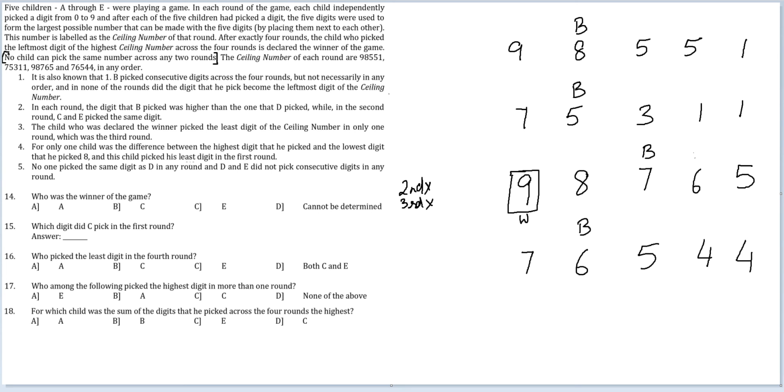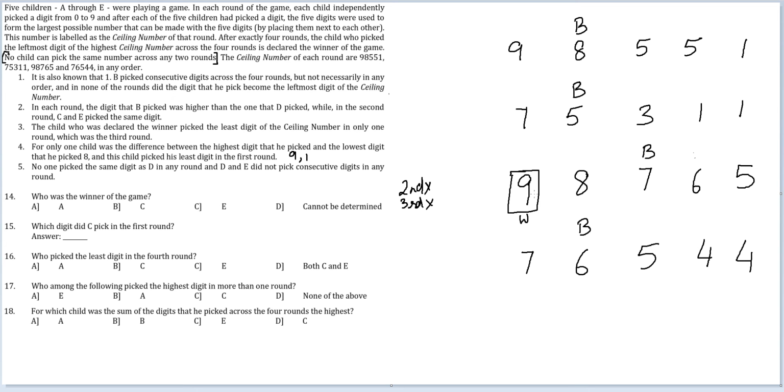For only one child was the difference between the highest digit picked and the lowest digit that he picked 8. Now see, for the difference between the values of digits to be 8, the digits have to be 9 and 1. And this child picked the least digit in the first round. Okay. Now see, the winner, whoever is the winner, is picking 9 here.